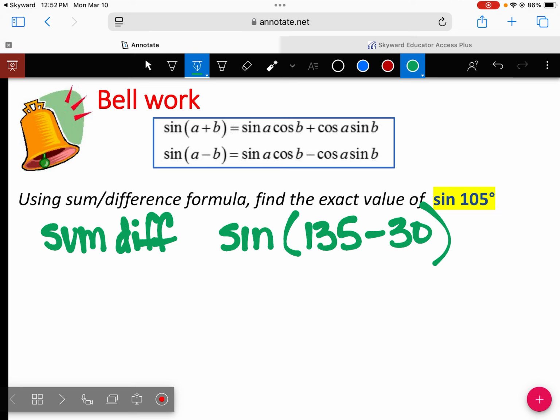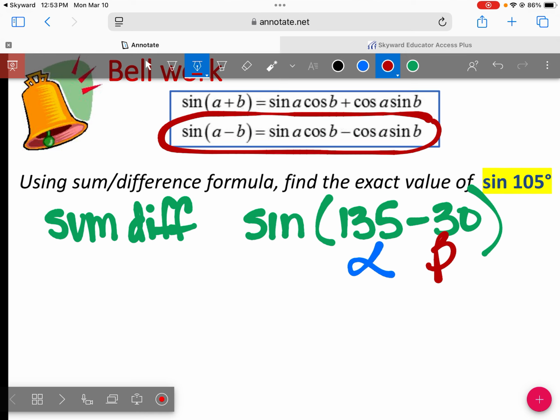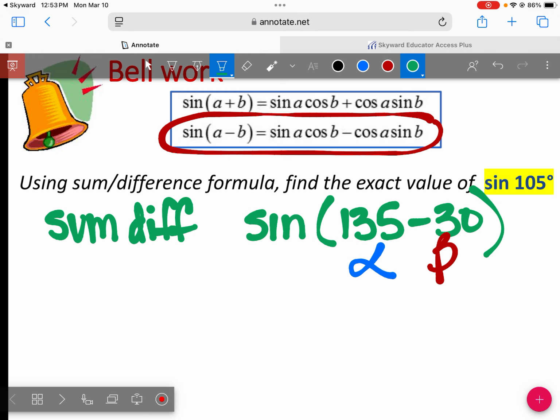The bigger angle would be alpha. The smaller angle is beta. So I'm using this identity because I'm subtracting. So in this identity, any place where you see a little a, I want you to put 135. And any place where you see b, put 30.